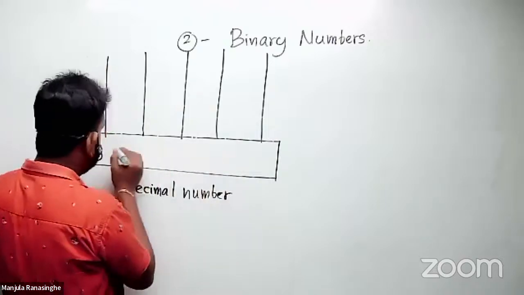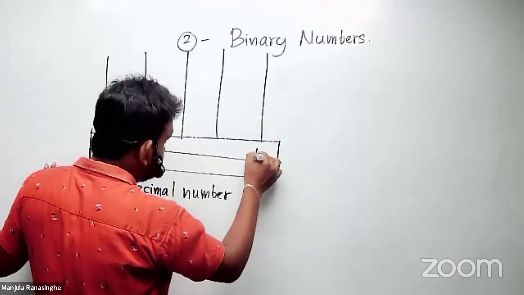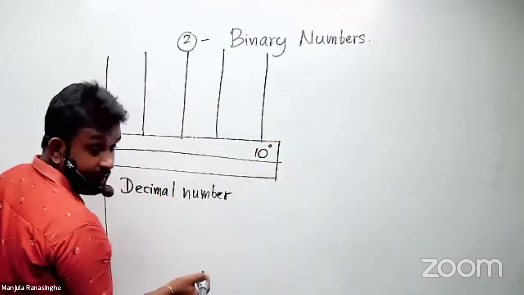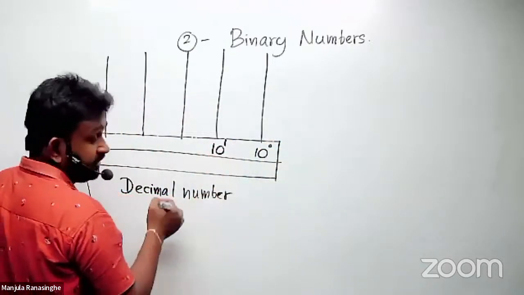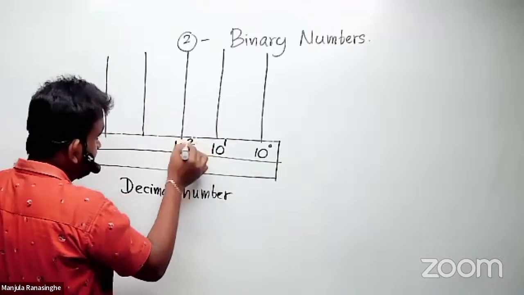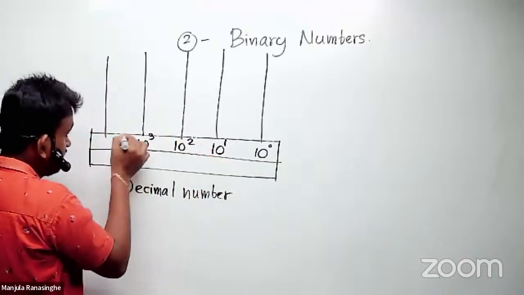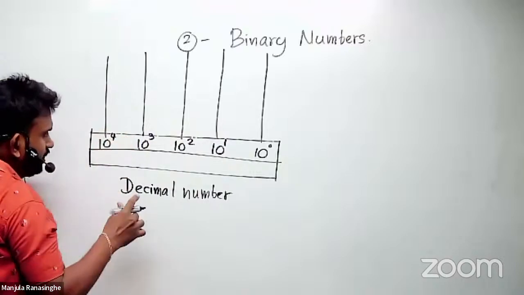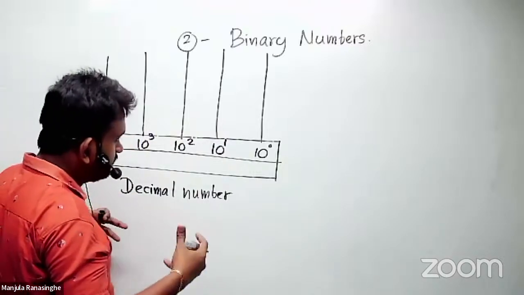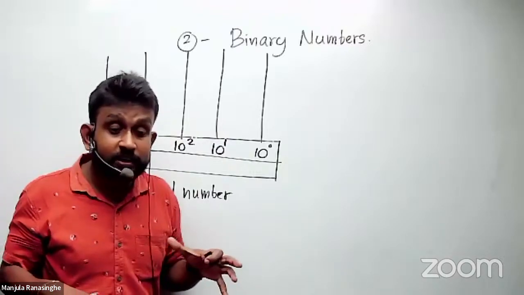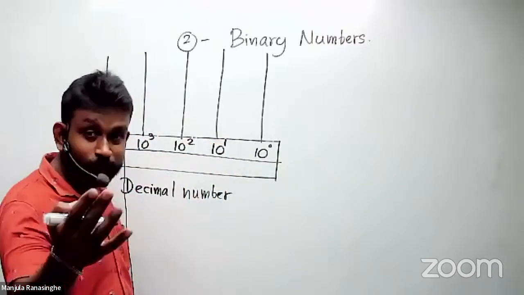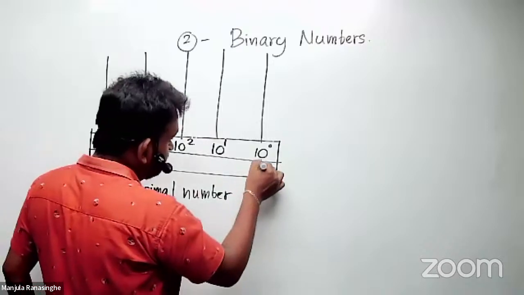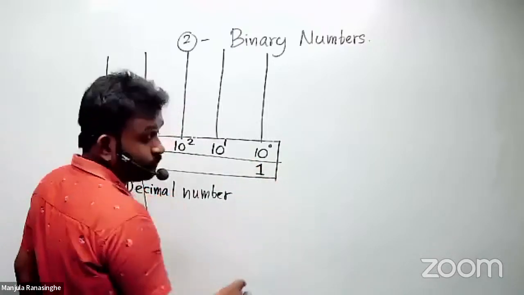So we know that this is the 10 to the power 0 axis, here the 10 to the power 1 axis, here 10 to the power 2 axis, 10 to the power 3 axis, 10 to the power 4 axis. In the previous grades you are not familiar with the 10 to the power axes, but you know that the place value of this axis is 1.